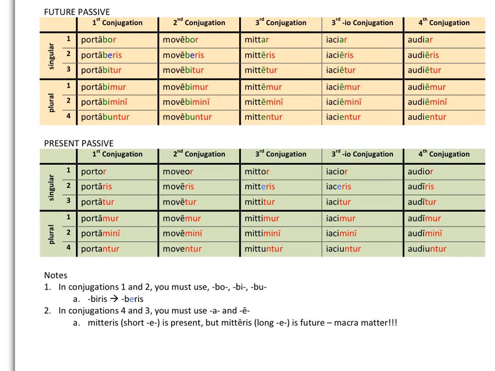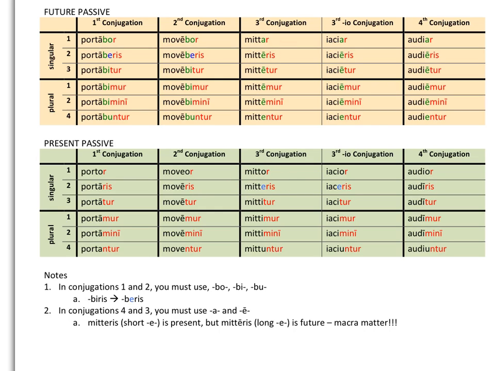are that in conjugations 1 and 2, we do have that short E, b-e-r-i-s right here, short E instead of an I. And then in conjugations 4 and 3, where we're using the A and E, the materis, you see this right here? Mateṛis here, but materis here.